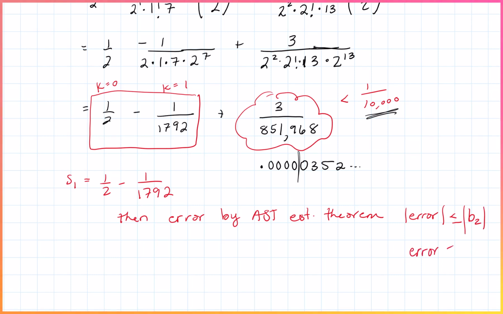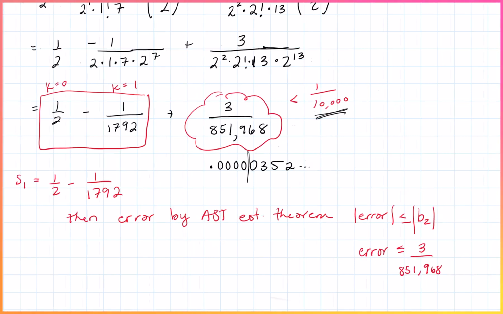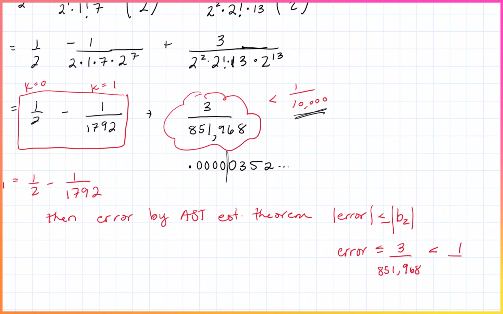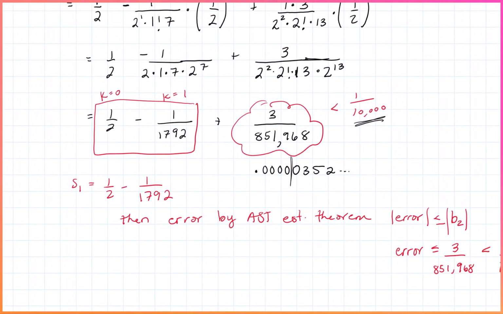So my error is less than or equal to 3 over 851,968, which is less than 1 over 10,000. It's definitely less than. So all I had to do was add up the first 2 terms.